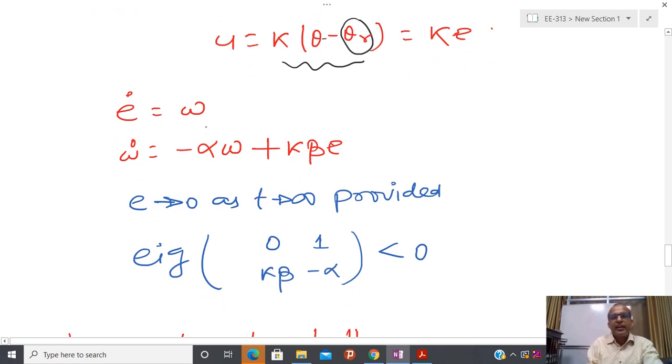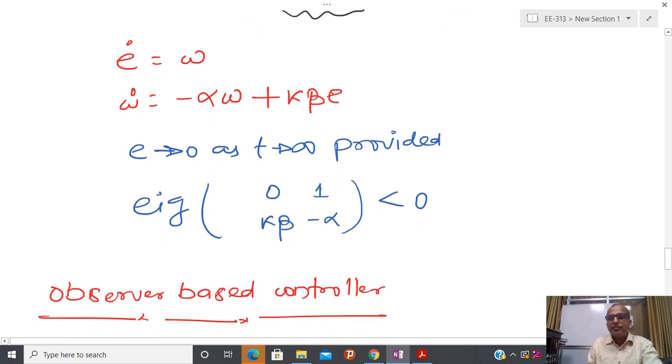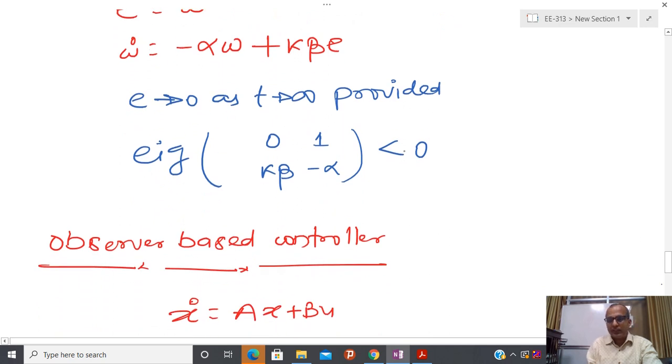So now again you can see that I have E equal to omega and omega dot equal to this. So now I have this kind of matrix. It is possible to show that since here I have a restriction on alpha and a restriction on beta, because that is coming from system parameters, it might be possible that sometimes we are not able to maintain this kind of condition.